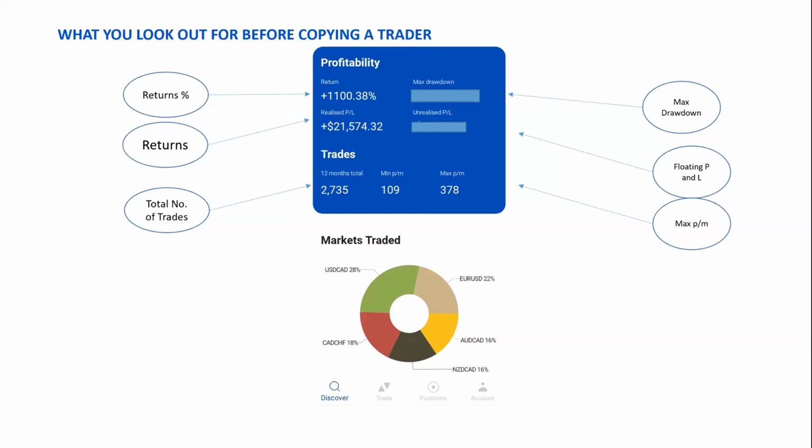When you click on this particular signal provider, you can see the dashboard, the markets traded, and how long they have traded. You can see USD CAD 28%, CAD CHF 18%. If you look at this, you will see which pair has the highest. USD CAD is the highest with over 28%.